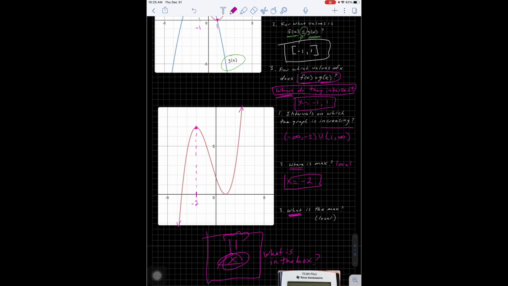So it's measuring how high, how much, or how little, what's in the box. So this is asking for a Y value. How much money did you find at the location of X? And that is 7. So I say Y equals 7, or you can say the max is 7.